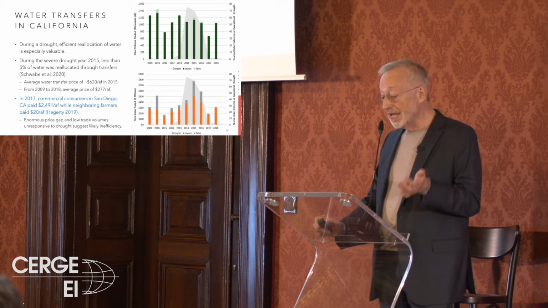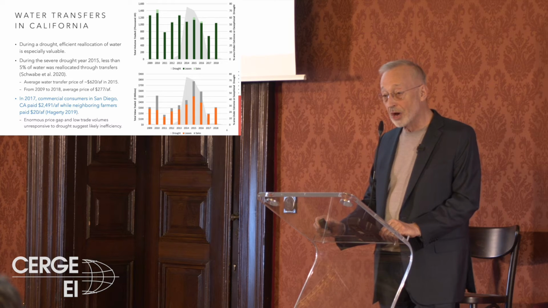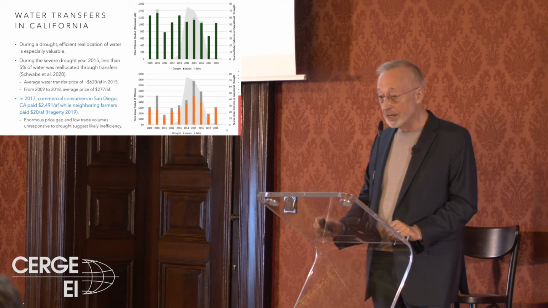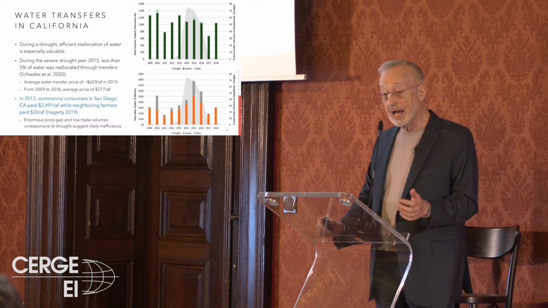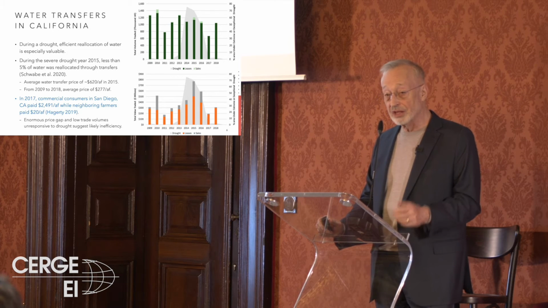Now, you might think, again, that during a drought, efficient reallocation of water would be especially valuable. Let me give you some idea. If you're an almond grower, if your crop is a tree crop, you can't stop watering the tree in drought years. The trees will die, and you lose a valuable asset.